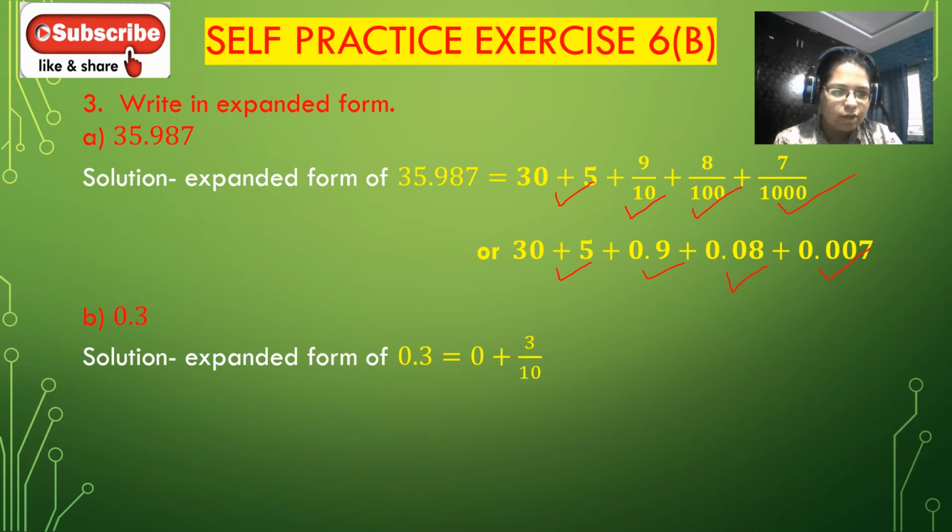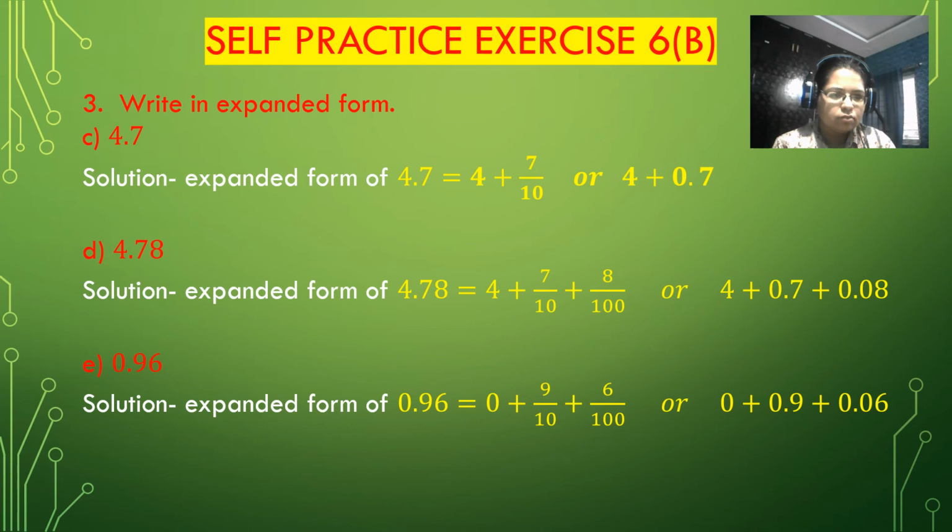Then B, 0.3. The expanded form of 0.3 is 0 plus 3 divided by 10. Now third bit C, 4.7.